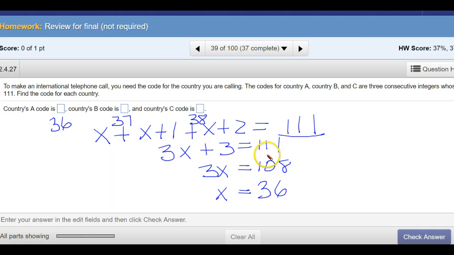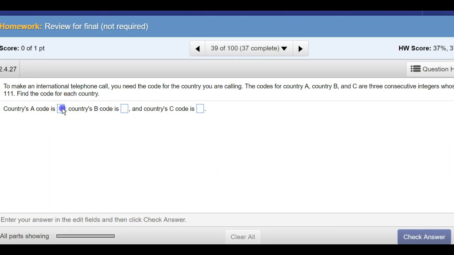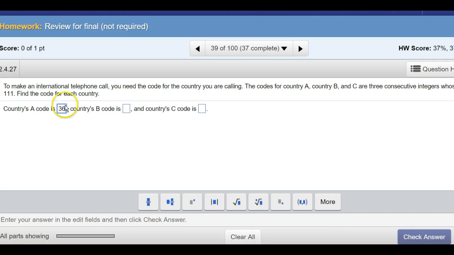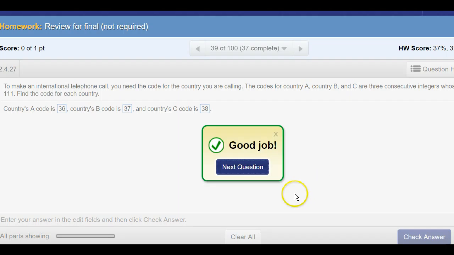Now, again, you want partial credit on a question like this. You need to show the work. Even if you don't get the right answers, if you have set it up correctly, you can get partial credit. So 36 is our first one here. 36, 37, 38. Went overboard on typing that one in, and we have that.